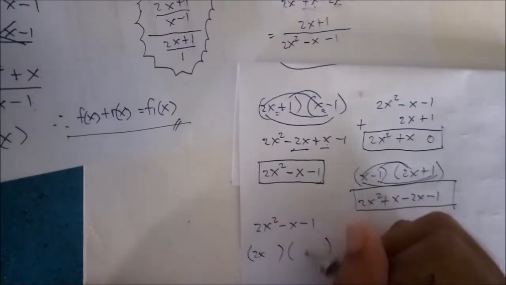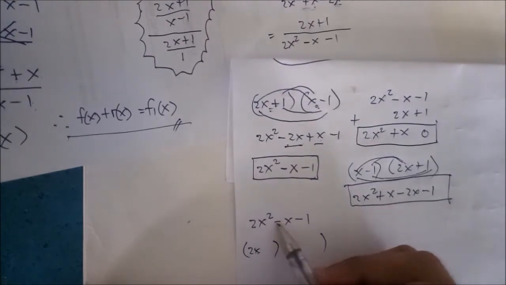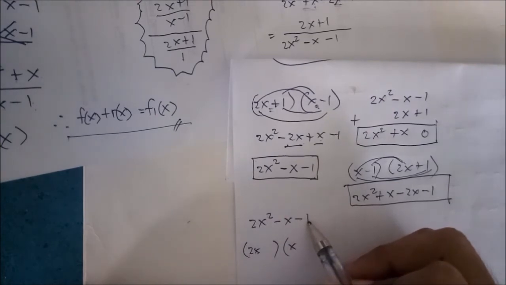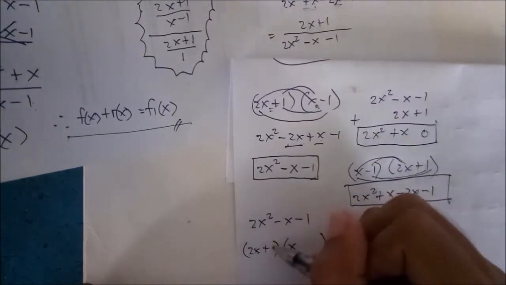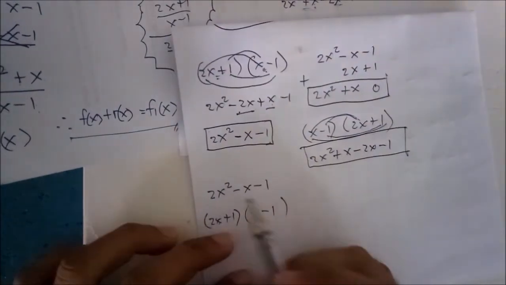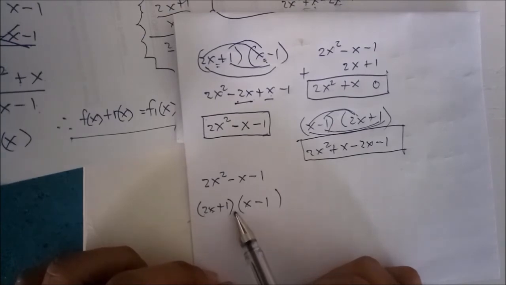Then 2x times x equals 2x squared. So how about the negative x minus 1? Then plus 1 and negative 1. So how do you make sure that the factor that you did is correct?